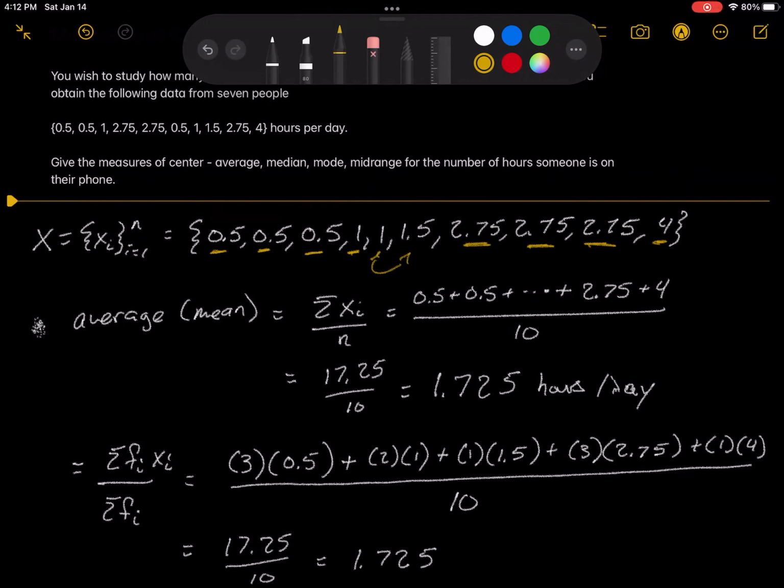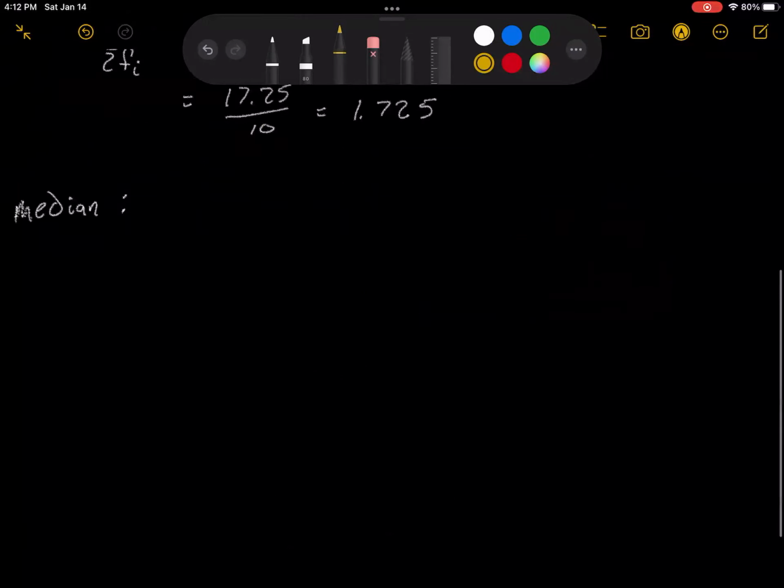I'll have 2 data points that are trapped in the center. And anytime I'm in this situation, I just need to take the average of those 2 points. So I need to average 1 and 1.5. So my median is the average of 1 and 1.5, which returns 1.25. All right, that's my median.